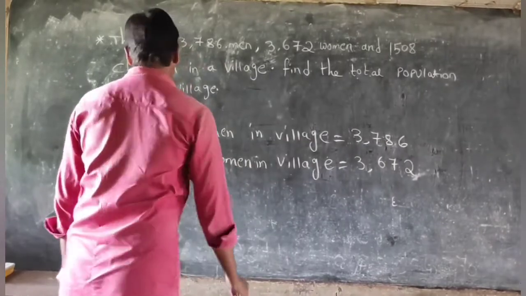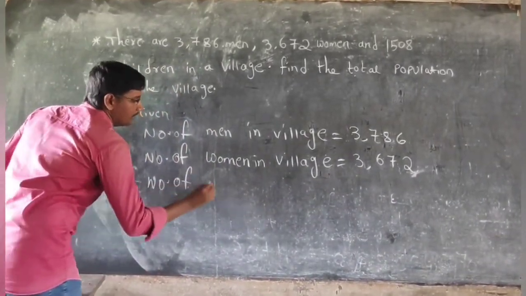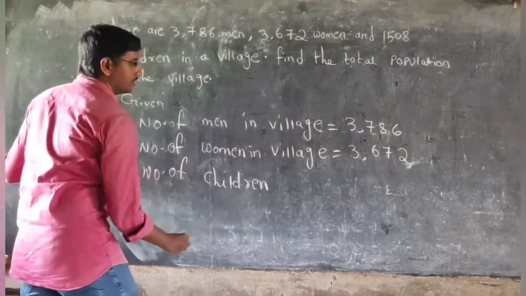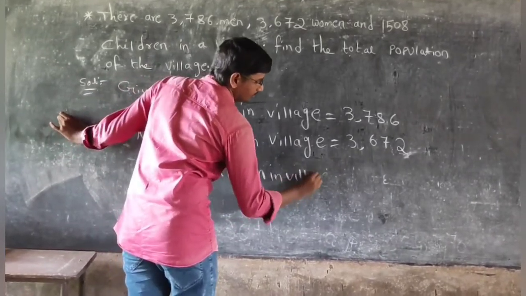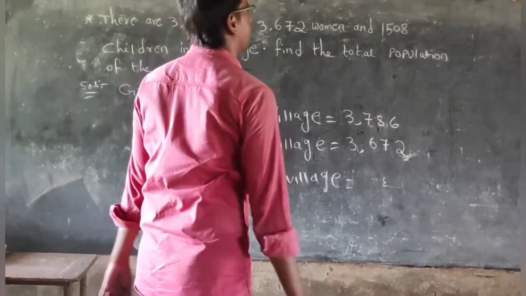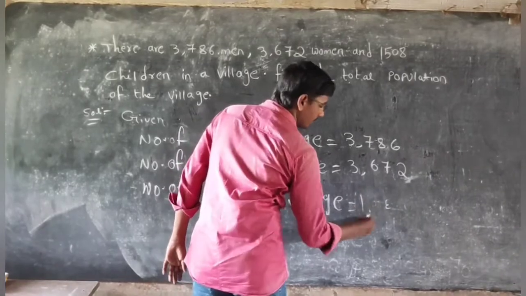The third one, number of children in the village, how many children are there in the village? 1,508.